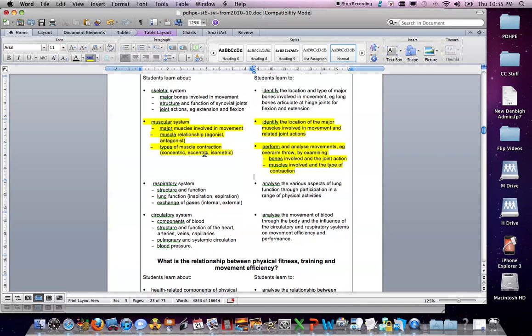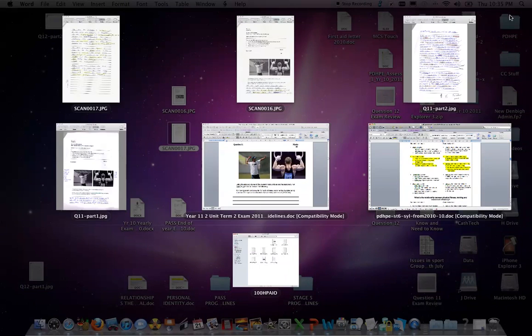In particular, the types of muscle contractions, concentric, eccentric and isometric. The identification of the major muscle involved in the movement and related joint actions, and we're also looking at the specifics of an action and movement. And this one, we're looking at the throw and the iron cross.